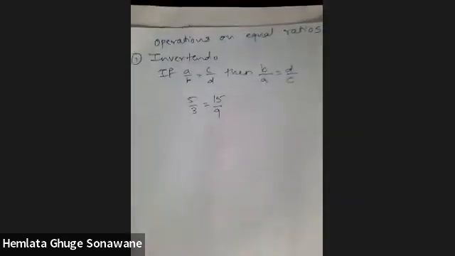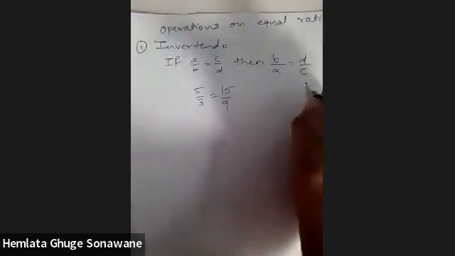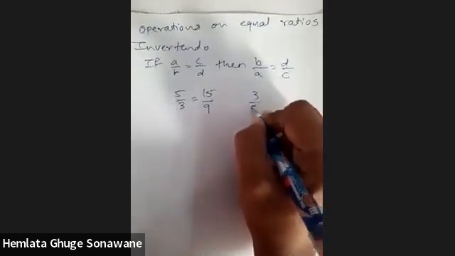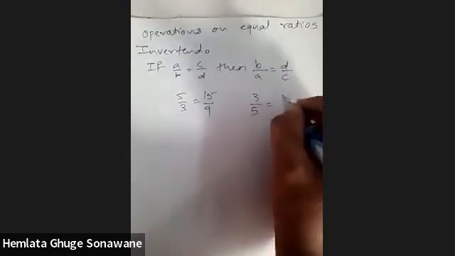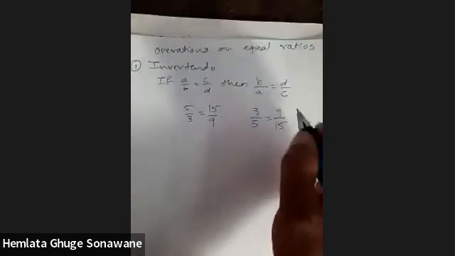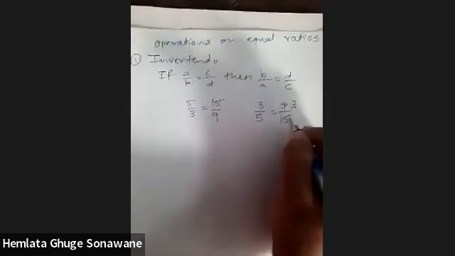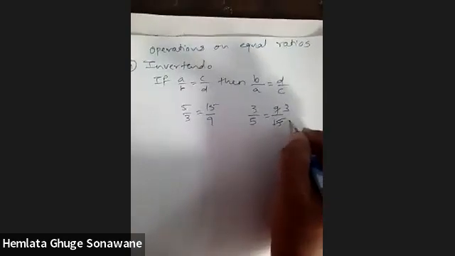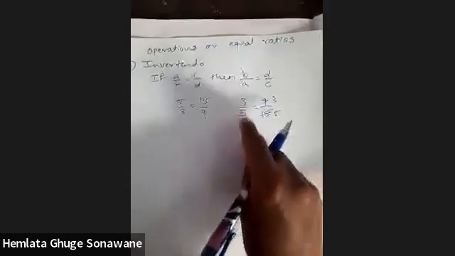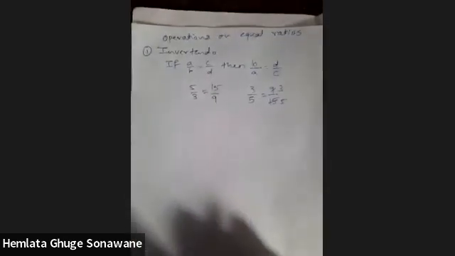That is, the value of C we have taken as 15 and D as 9. Then we write B upon A, that is 3 upon 5, is equal to D upon C, that is 9 upon 15. We can simplify this. 3 3s are 9 and 3 5s are 15. So you can see here 3 upon 5 is equal to 3 upon 5.